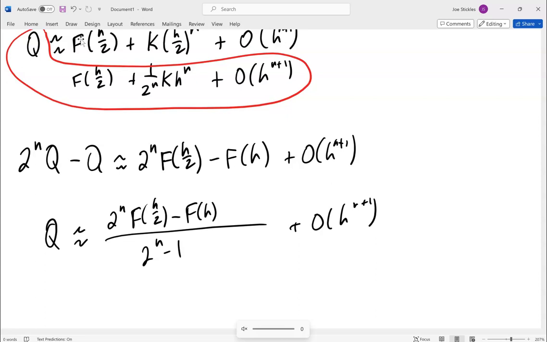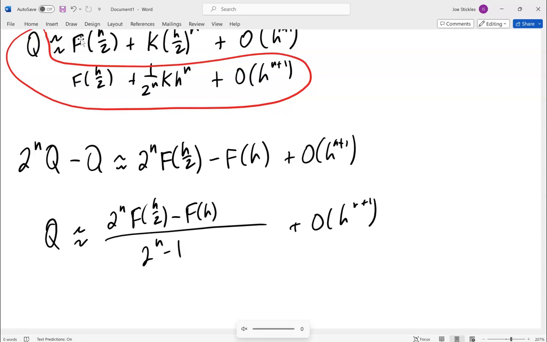Again, here I'm dividing by a constant, so this is still on the order of h to the n plus 1. Now, from an old approximation of order n, I've created a new approximation of order at least n plus 1. It might even be better than n plus 1, but it's certainly better than n, right?